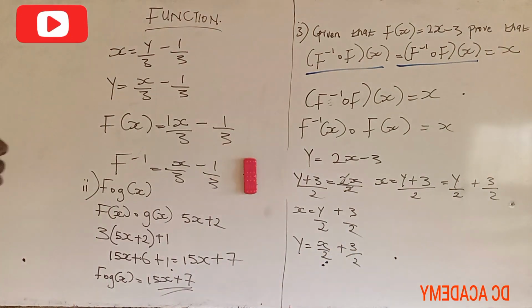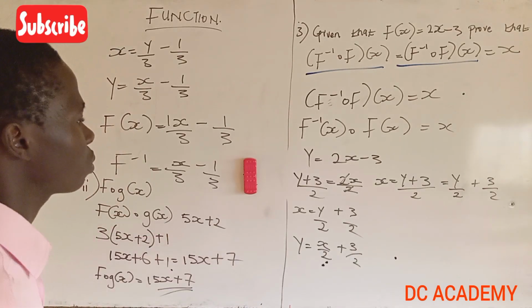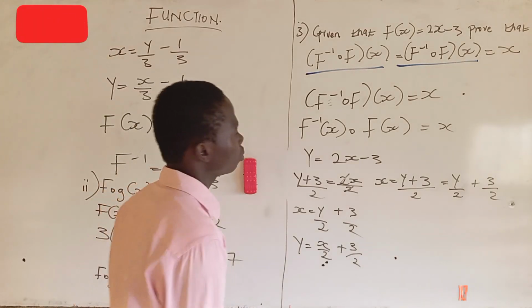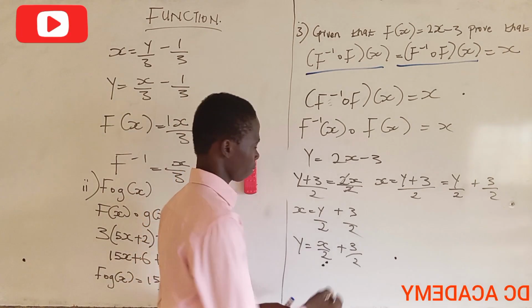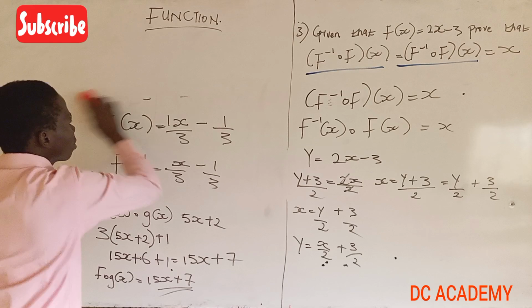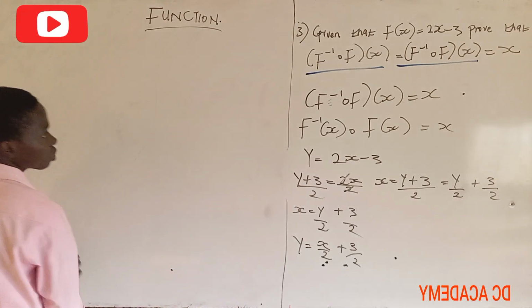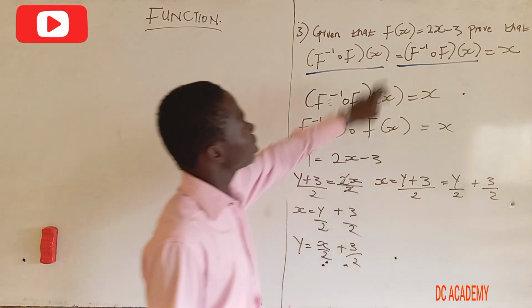Are you getting it now? So we now have x over 2 plus 3 over 2. Now, listen to me. This is our y. All I have to do next is to look at this. This is f of x.